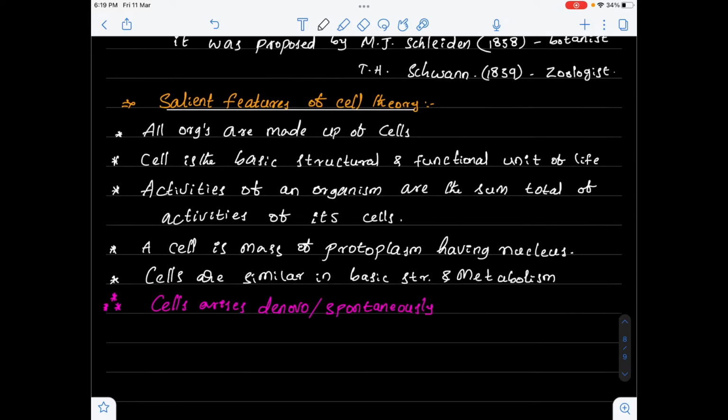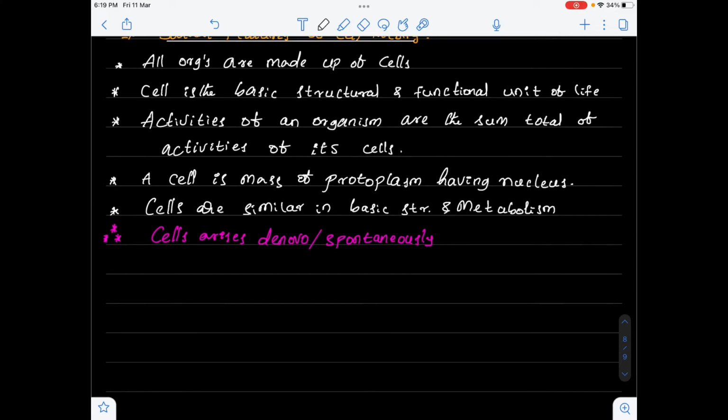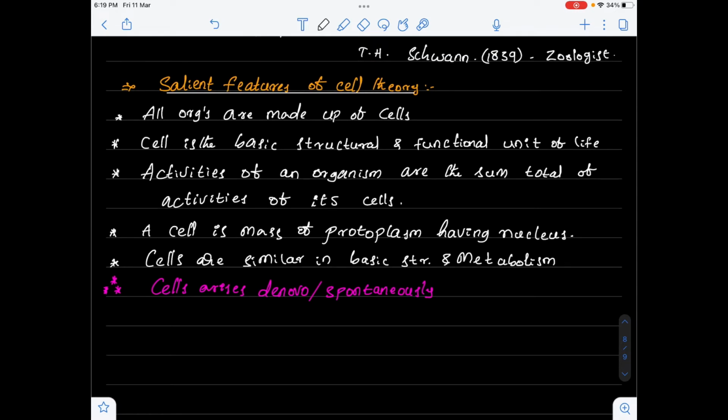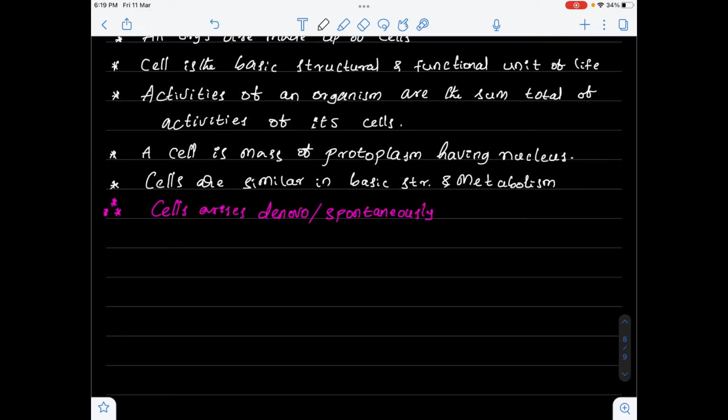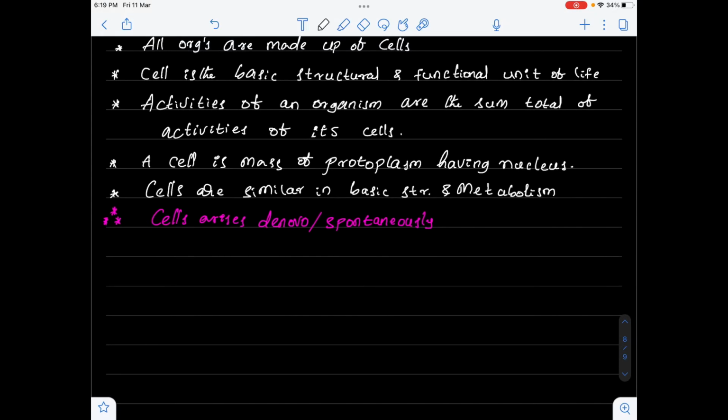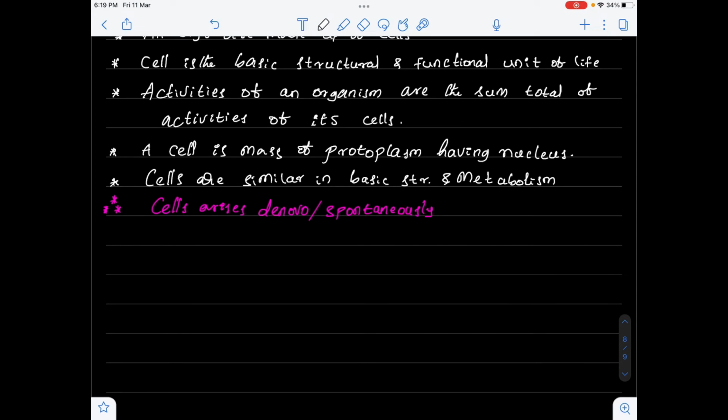So actually this is a mistake done by Schleiden and Schwann, and it was corrected by Rudolf Virchow in the year of 1855, and he extended this cell theory by adding a Latin statement, that is omnis cellula e cellula.